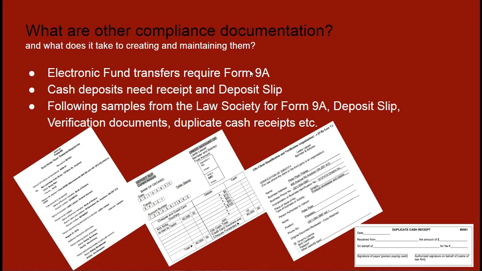A Form 9A, as you probably already know, is a document that captures information around the source and target financial institutions from where money is leaving your trust account through an electronic means.